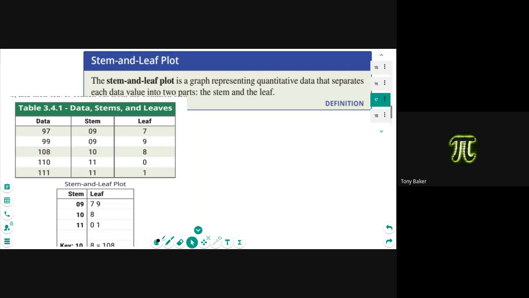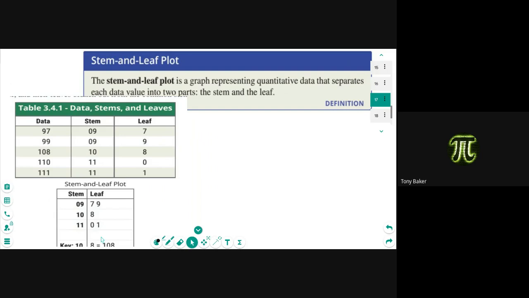You have your stems, 9, 10, 11, and then you just place the numbers right next to it. The proper stem and leaf plot at the end should be in numerical order. So after you write them down, you rewrite them in order. So this would be 97, 99, 108, 110, and 111.